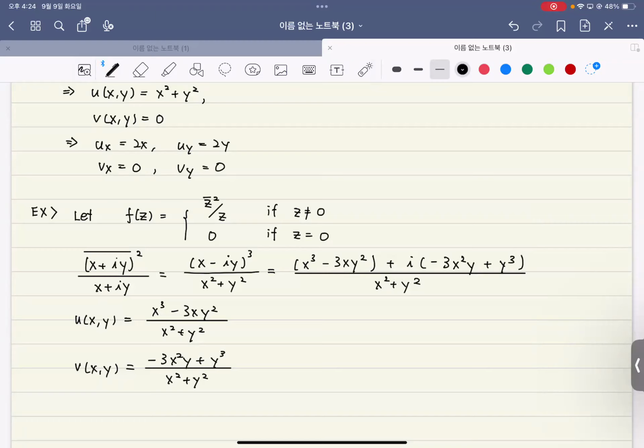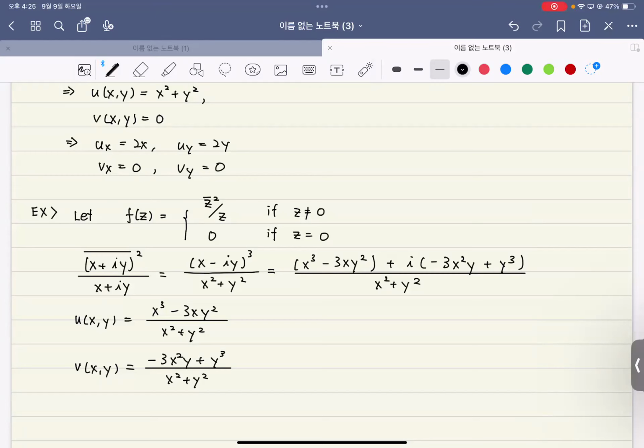But at the same time, if you have seen your homework exercise, then you are supposed to show that this function is not complex differentiable at the origin. So this is a very interesting example, such that even though these functions are satisfying the Cauchy-Riemann conditions, this function is not differentiable. Interesting. Okay.